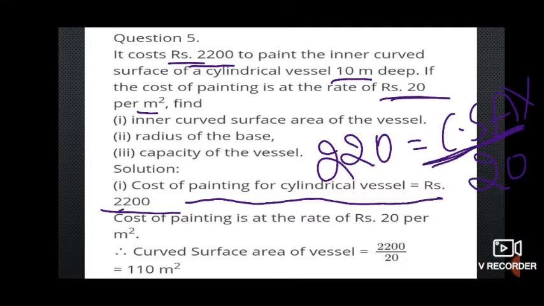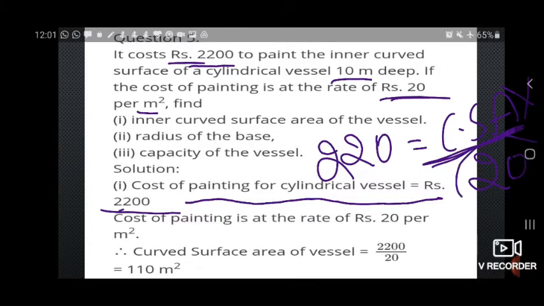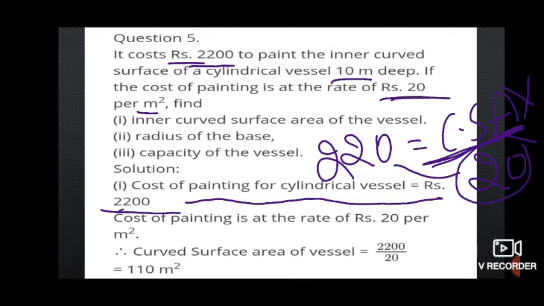So to get the curved surface area, this 20 will go to the other side, to the denominator: 2200 divided by 20. That will be our curved surface area of the vessel. If we do that, 2 0 0 will get cancelled, 2 1s are 210. So the curved surface area of the vessel will be 110 meter square.